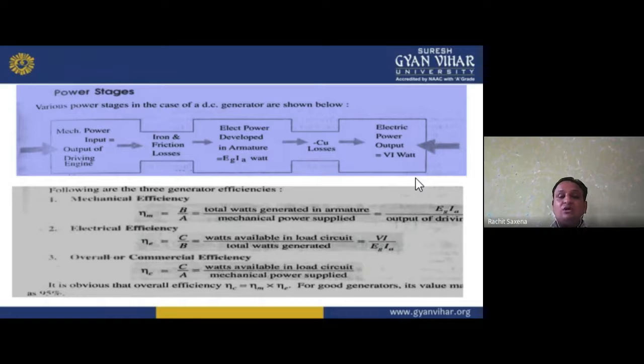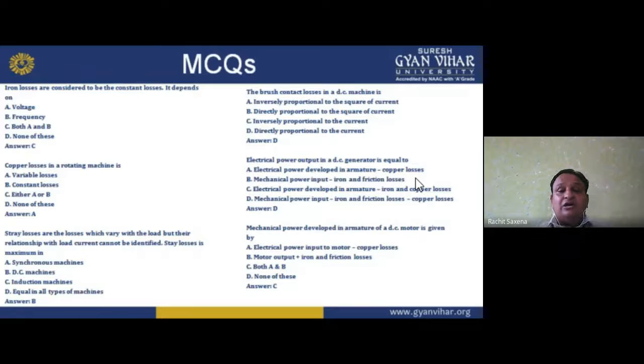So we can write, VI upon Eg into I. So the overall efficiency is Nc equals Nm into Ne. For good conductors, it will be 95%, so efficiency should be higher.